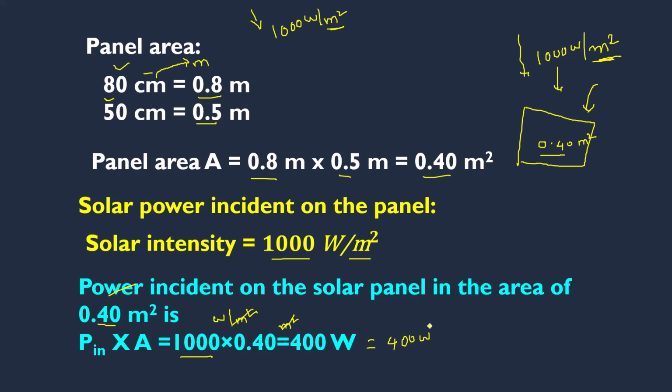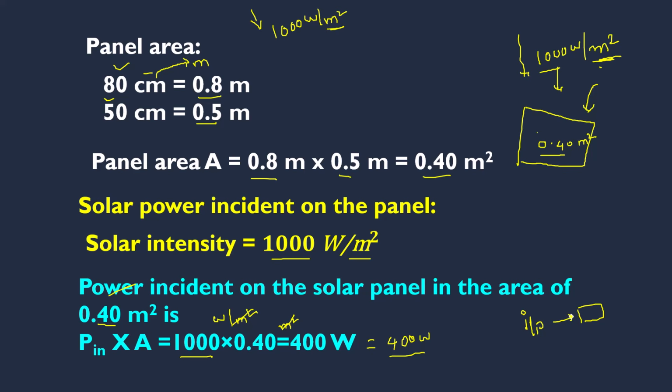This is the power which is actually falling on your solar panel. Though 1000 watts would fall on 1 meter square, we have only 0.4 meter square, so the total power falling on your solar cell is only 400 watts out of 1000 watts, right? So this is the input light power falling on the solar cell.